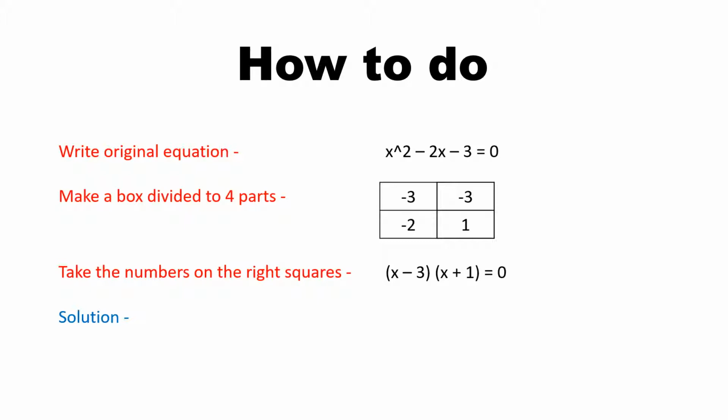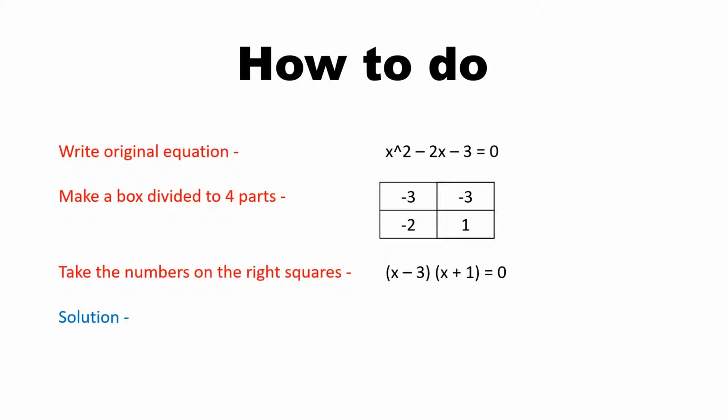Now, to get your solution, you just hide one of the parentheses. If you want to solve them, you solve them one by one, because you're going to get two solutions. So you hide, at the beginning, the parenthesis on the right, which gives you x minus 3 equals 0.